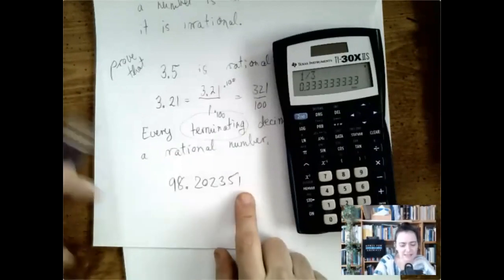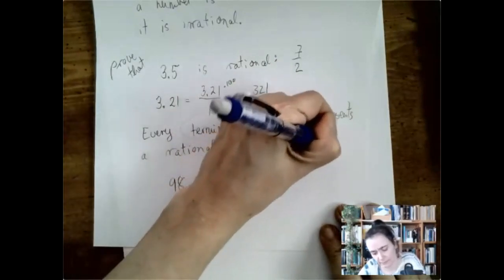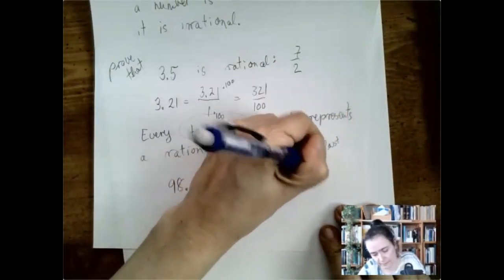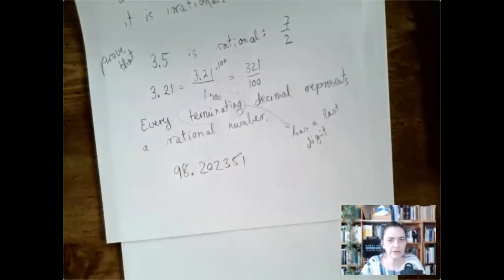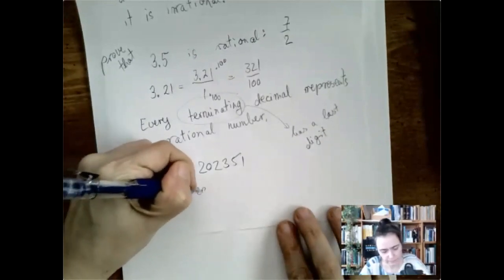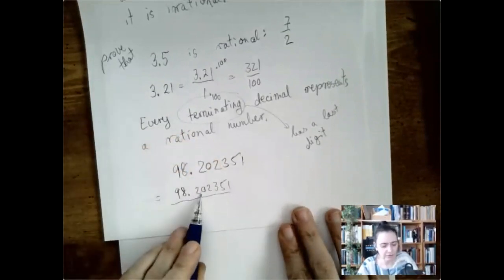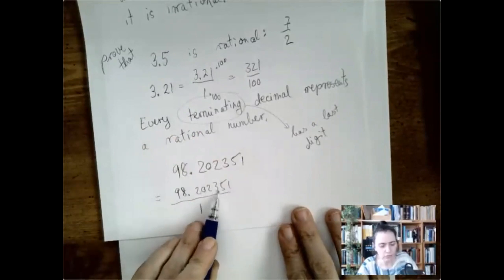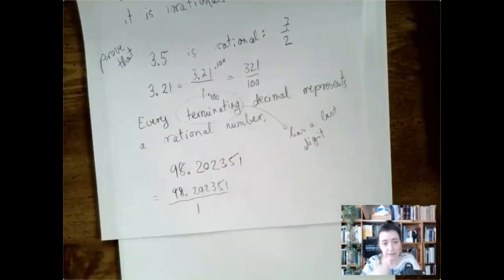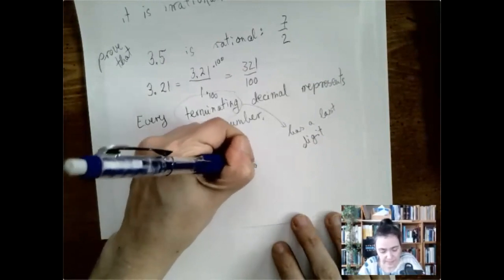But if it has a last digit, then a suitable power of 10 will fix the top. Now we're going to need a 1 downstairs. So how many digits are we going to cross? 1, 2, 3, 4, 5, 6. So we need a cool million upstairs and downstairs. 6 zeros.